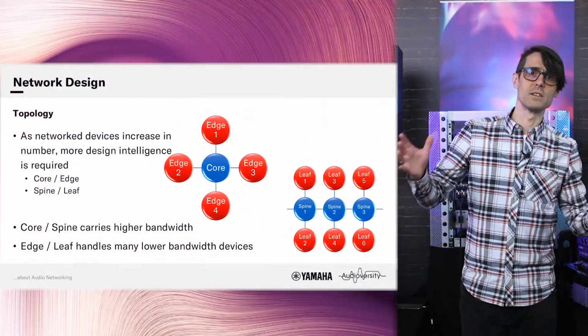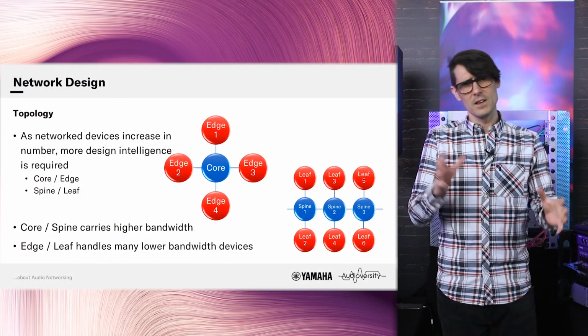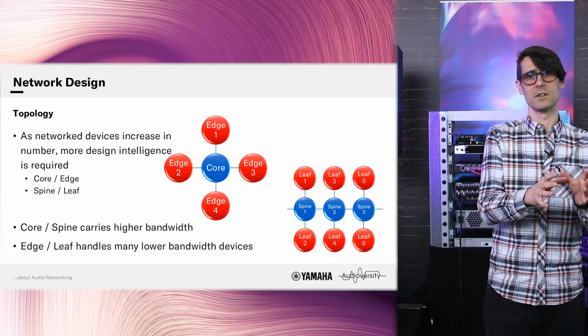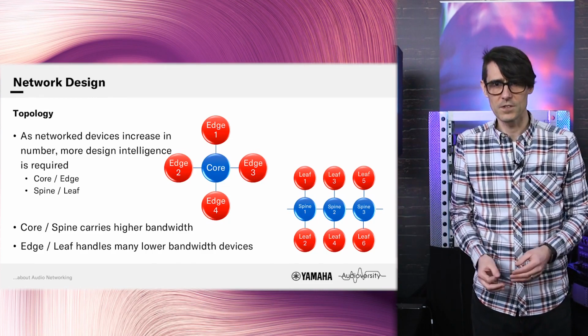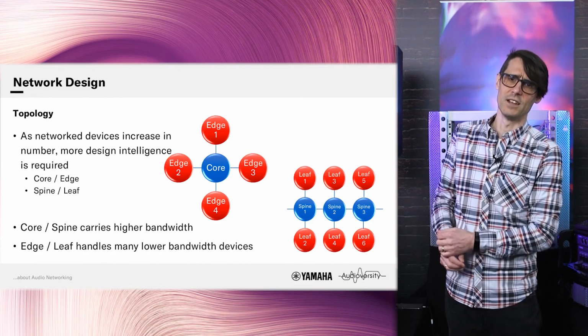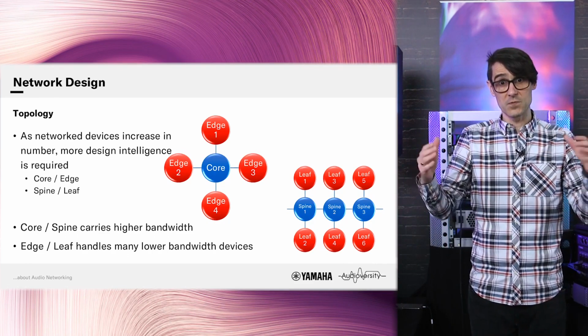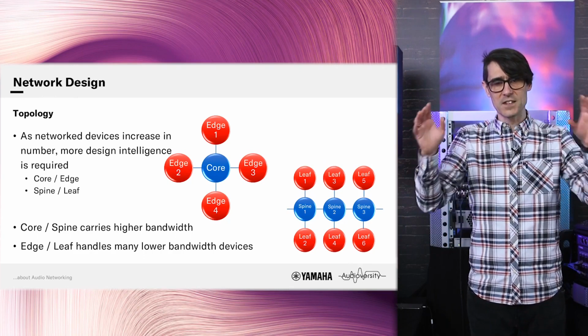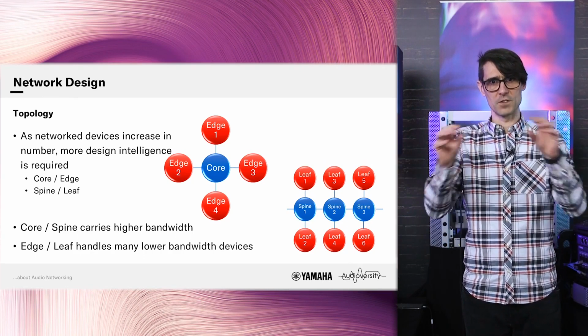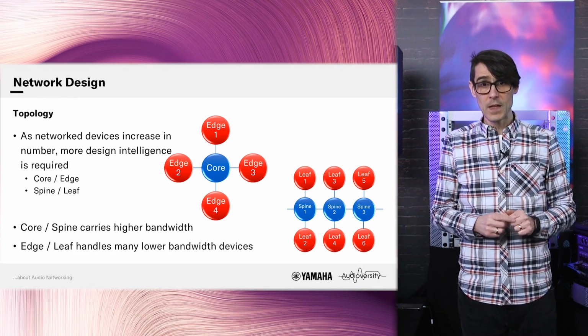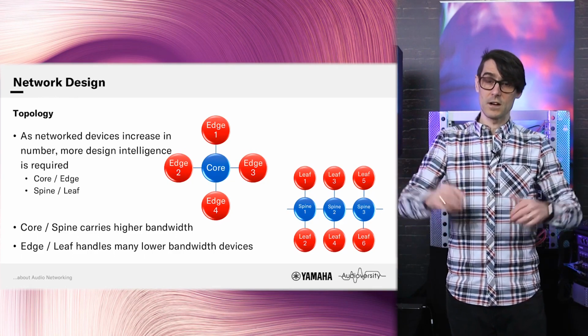So now I want to talk a little bit about network design topology. You might hear people talking about core edge networks or core distribution edge networks, where the core is a central switch with high bandwidth and the edge switches probably have lots of ports with lower bandwidth, where all your devices are connected.